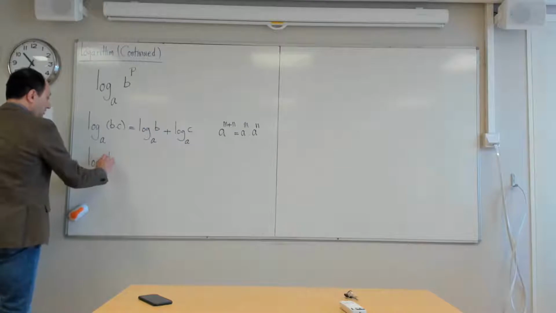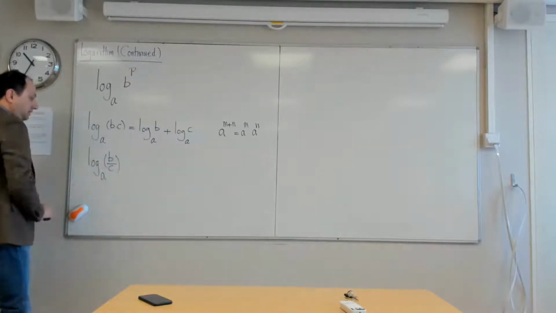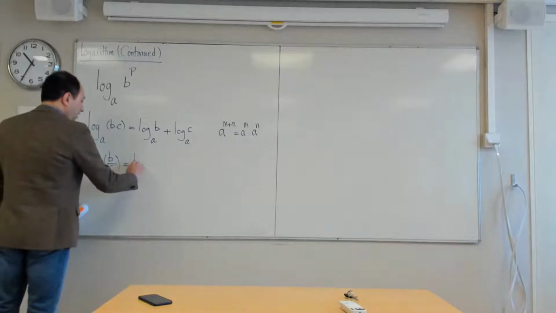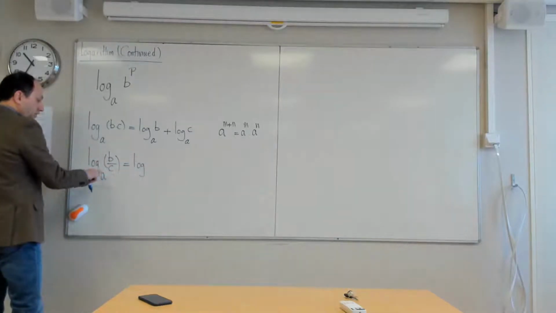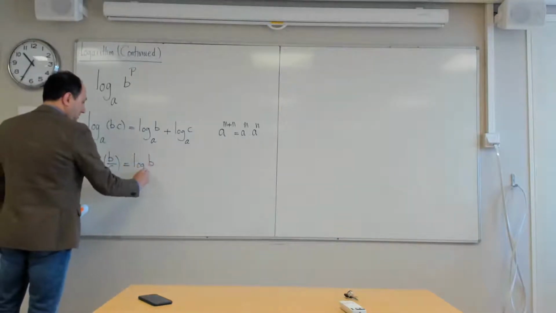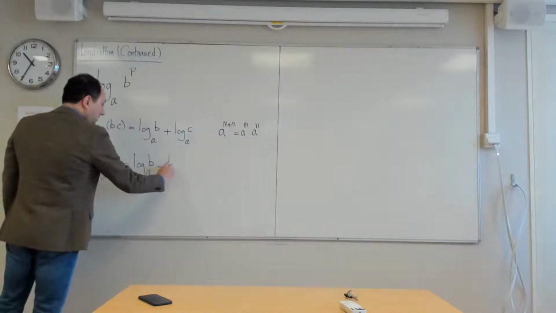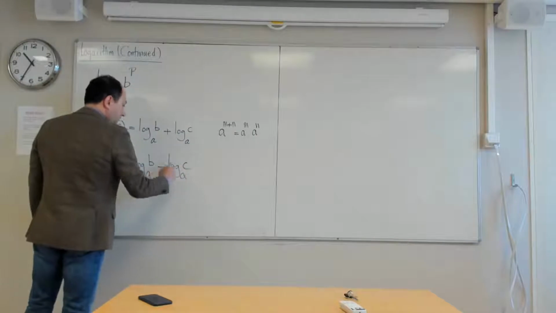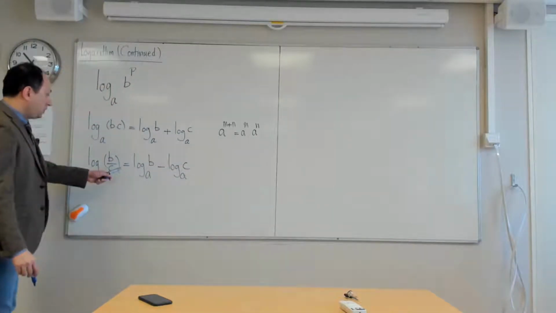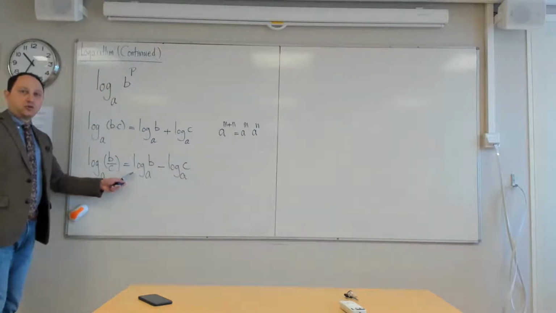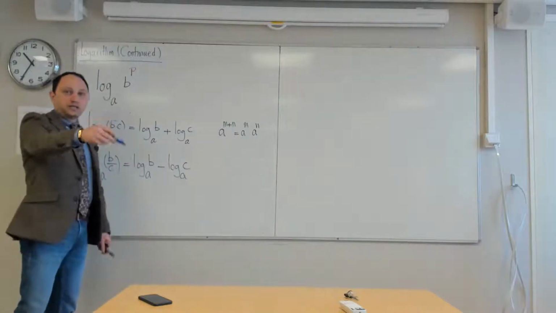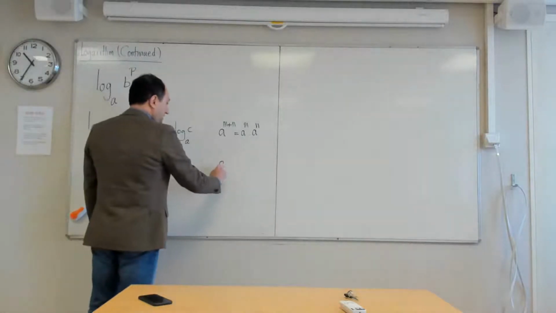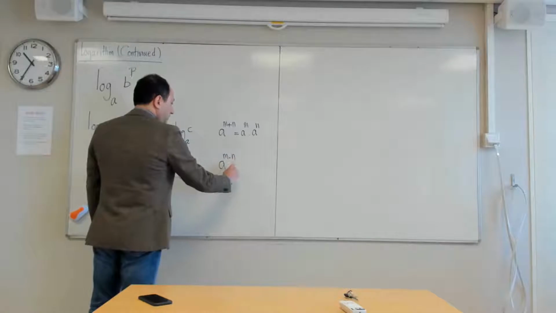And then we also learned another formula. The log of the quotient b over c in base a is equal to the log of the numerator in the same base minus the log of the denominator in that base. If I ask you what is the origin of this formula, if you go and see the proof, you see that this is the origin.